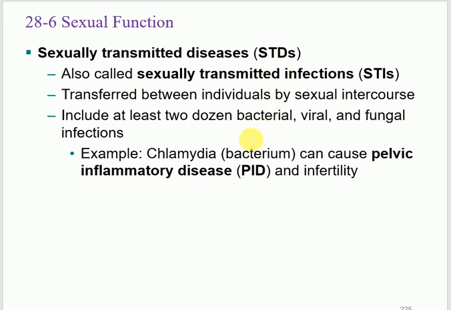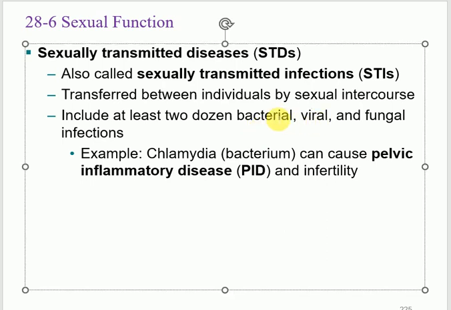Sexually transmitted diseases are any diseases that can be transmitted through sexual intercourse from male to female or from female to male. There are a lot of things. Some of them are viral, some of them are bacterial, some of them are fungal, that can be transmitted from either male to female or vice versa. Including some forms of hepatitis and AIDS and many other things.